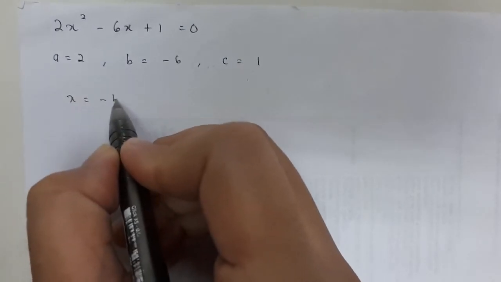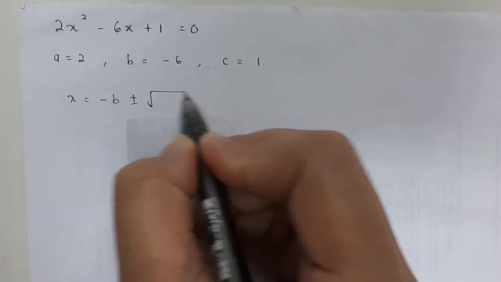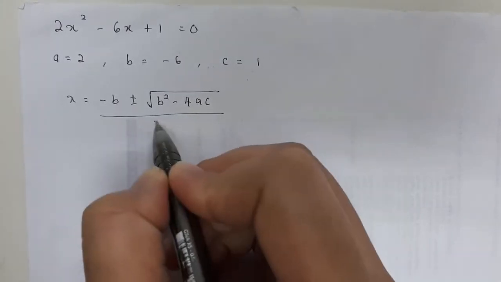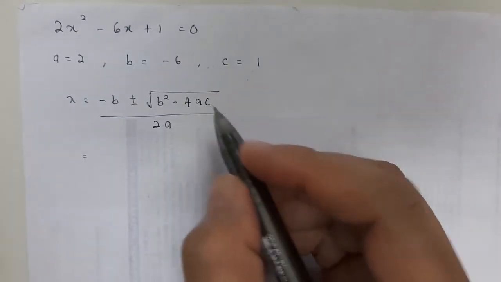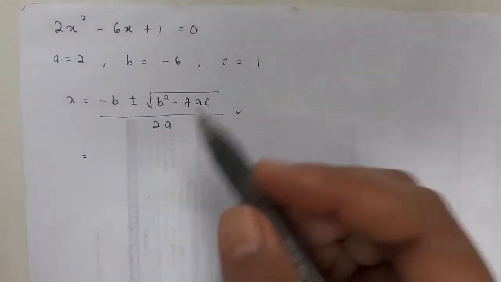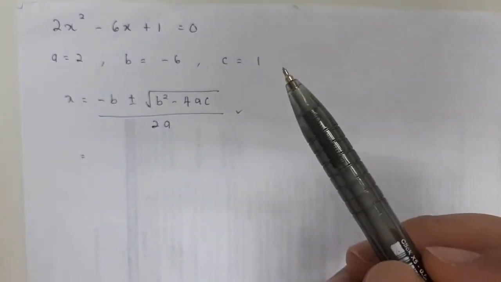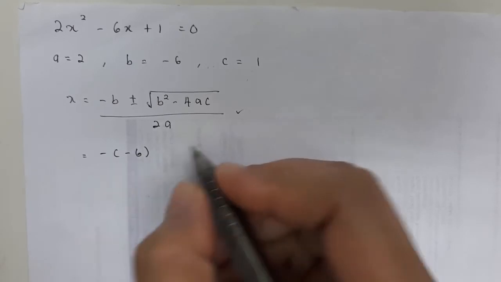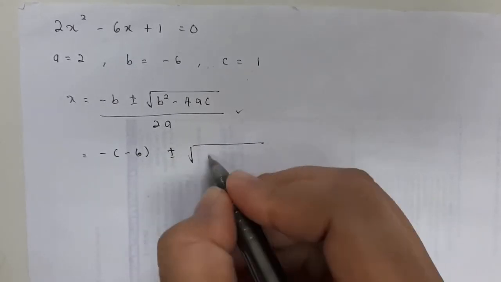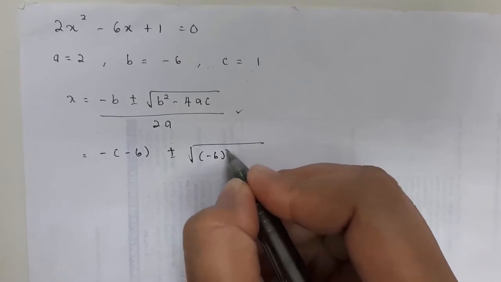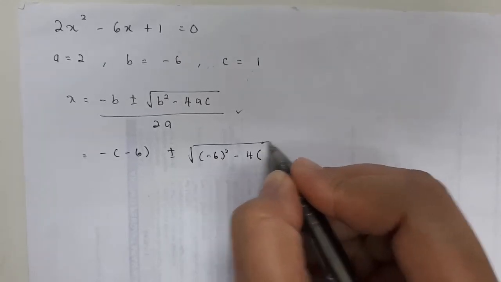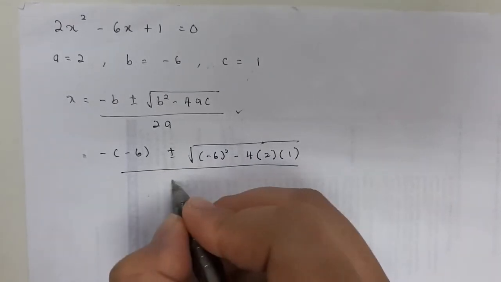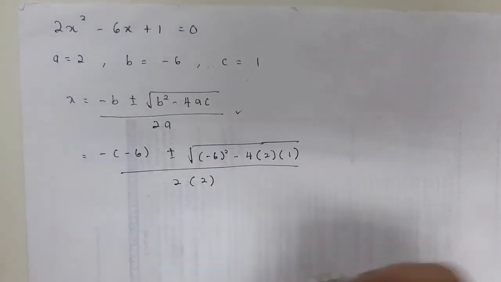X equal negative b plus minus square root b square minus 4ac over 2a. Okay, formula. And then let's substitute the values of a, b, and c. Negative b, negative 6 plus minus square root b square, negative 6 square, minus 4 multiplied by a multiplied by c over 2 multiplied by a.